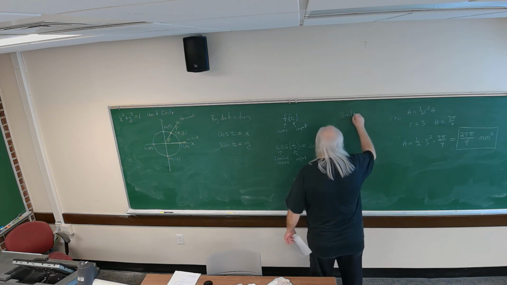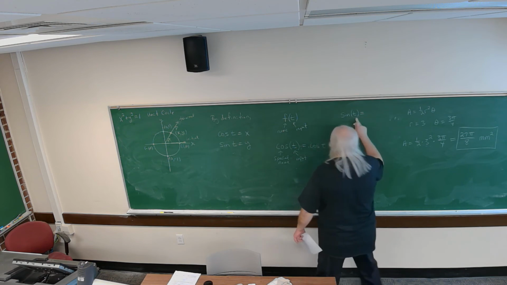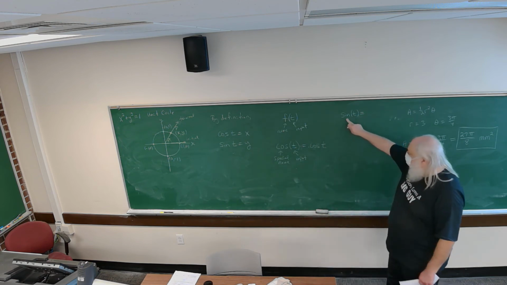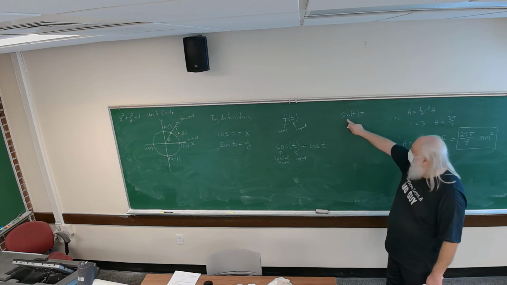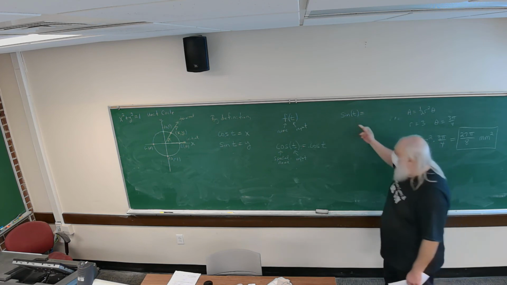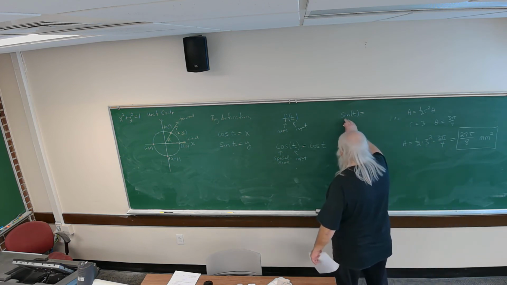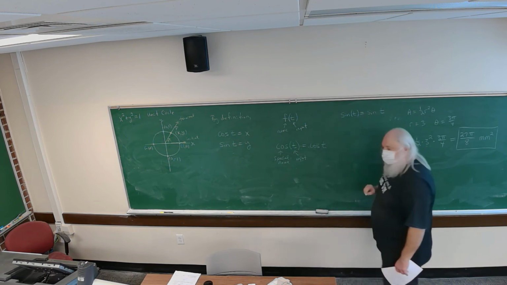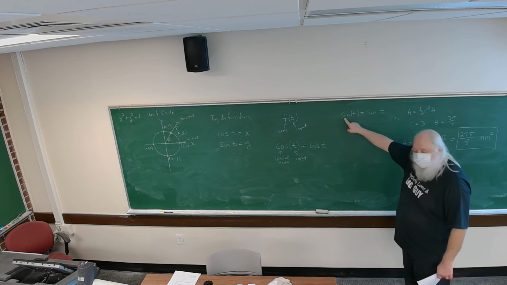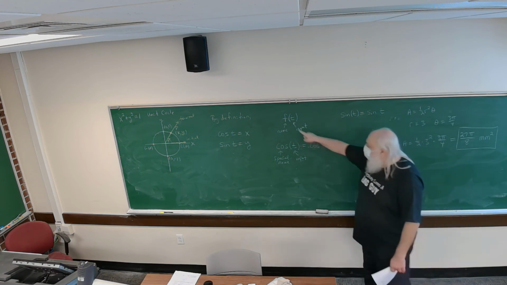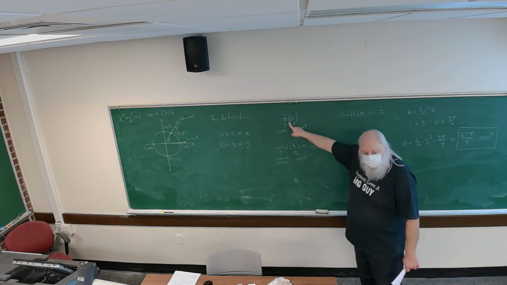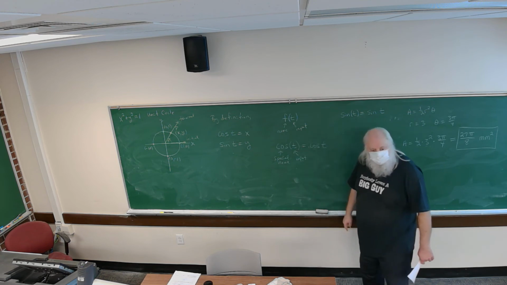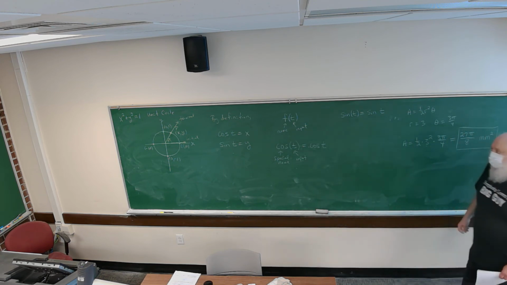Sine is the special name of a function, t is the input variable, and often we just drop the parentheses. So when you see this, we're talking about sine of t, just like in algebra when we talk about f of t and g of t, and so forth.